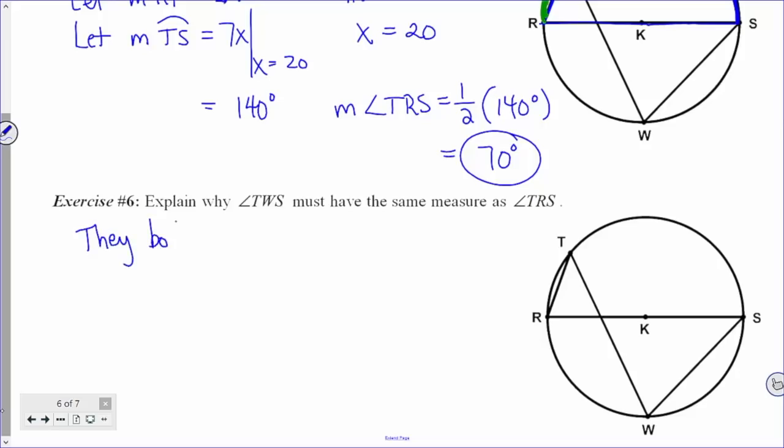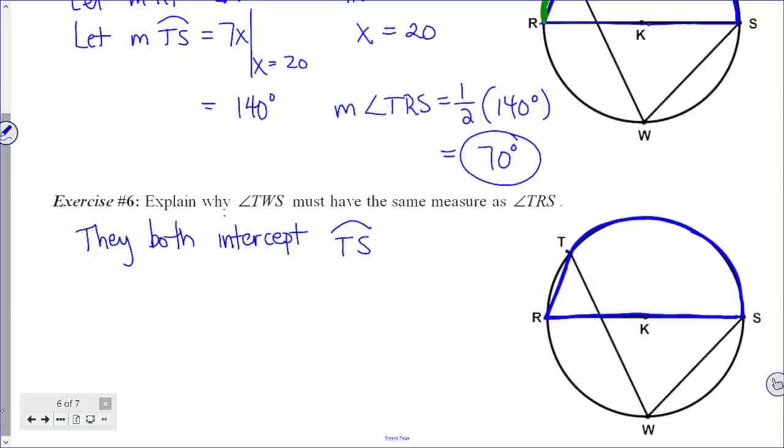They both intercept arc TS. And I hope you see that, right? Here's angle, always helpful to have it highlighted more. Here's angle TRS, and it intercepts arc TS.